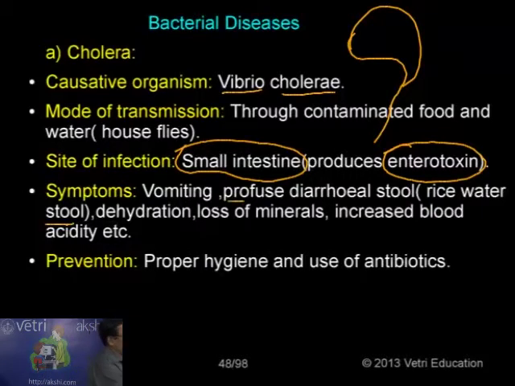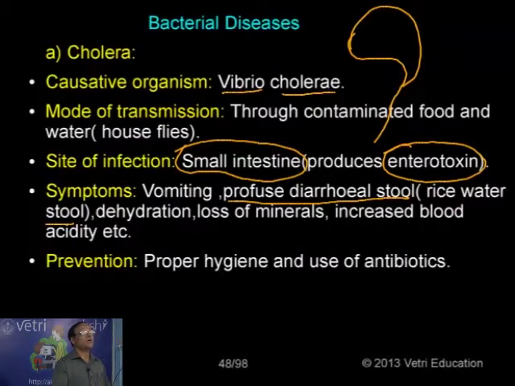So profuse diarrheal stool, or rice water stool, is the main symptom. The stool looks like the water obtained after washing rice. So profuse, continuous, watery diarrhea is why it is called rice water stool.